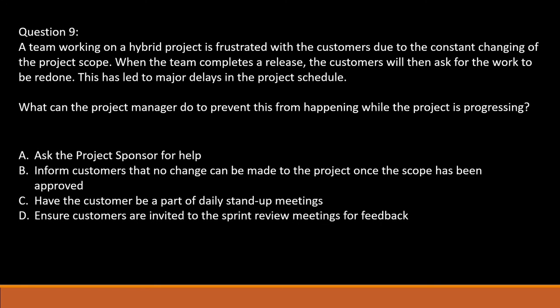The options are A. Ask the sponsor for help. B. Inform customers that no change can be done to the project once the scope has been approved. C. Have the customers be a part of daily stand-up meetings. D. Ensure customers are invited to the sprint review meetings for feedback. Pause the video, read the question, and try to solve it.